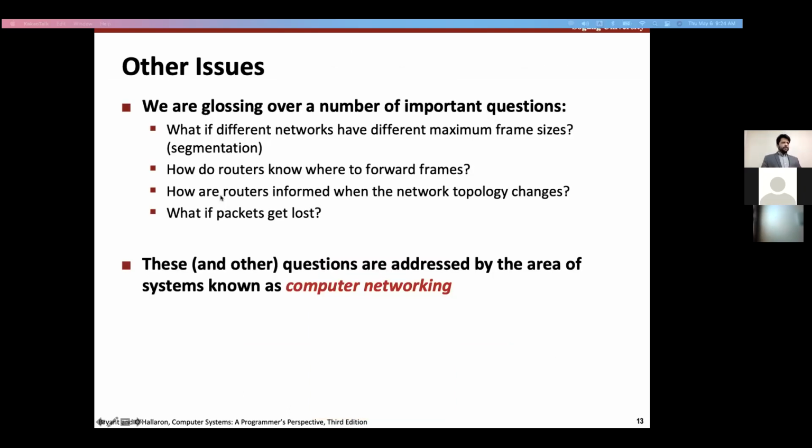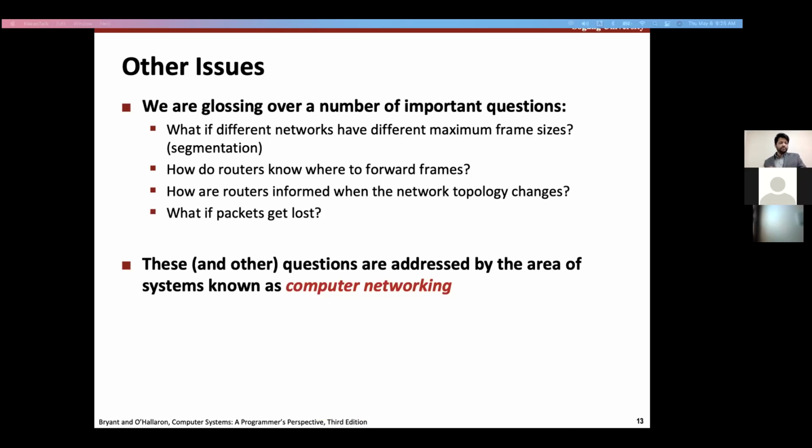Actually, there are several other issues, and we are just glossing over a number of important questions. What if different networks have different maximum frame sizes? What are the problems if the packet sizes differ among networks? There are a lot of segmentation problems that can occur. How do routers know where to forward the frames, and how are they informed when the network topology changes, basically the things stored in the routing table?